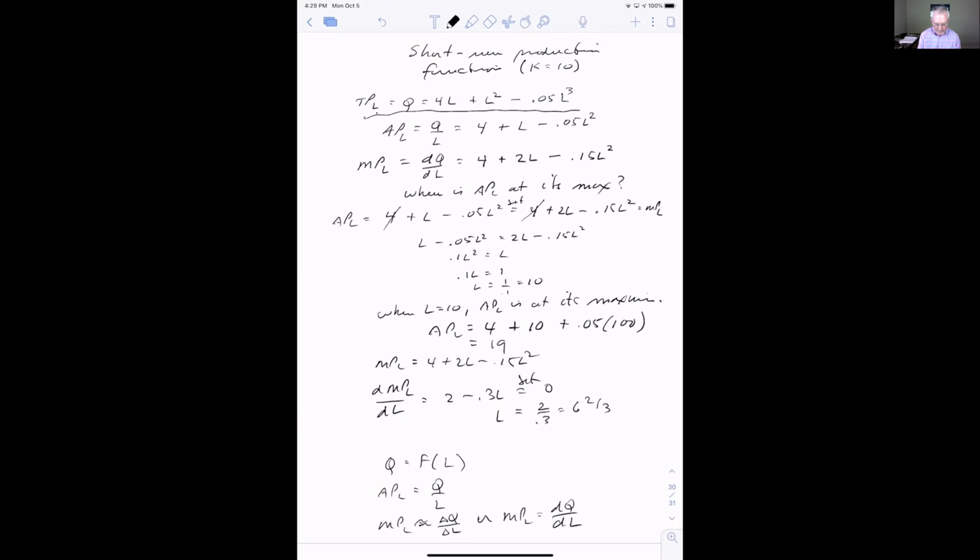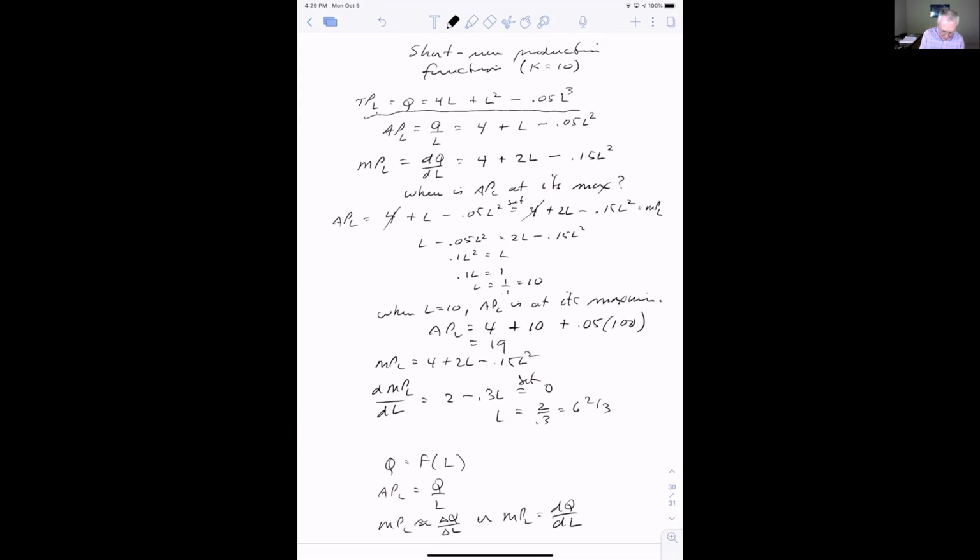And when I did that, then I reached the conclusion that average product reaches its maximum with 10 units of labor inputs. And then I said, that's not what I'm looking for necessarily. I may be looking for what the max average product is, in which case I need to evaluate average product of labor when L equals 10.